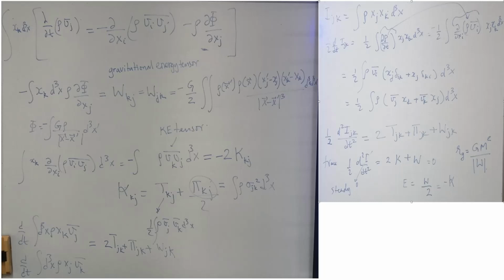This is nothing but the sum of these two. Oh, no. That has a time derivative in it. It does not. So you have half of d2I jk dt squared, which is equal to twice t jk plus pi jk plus w jk. So this is the equation that you got.